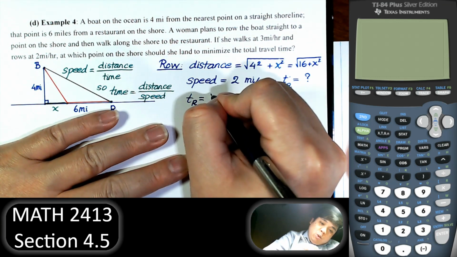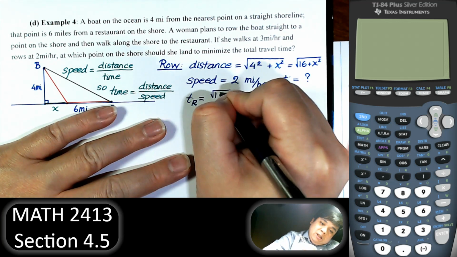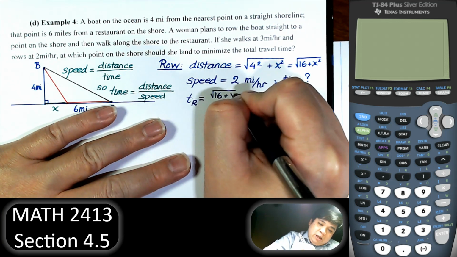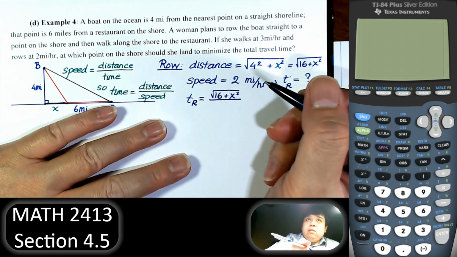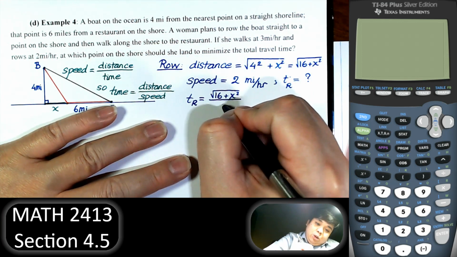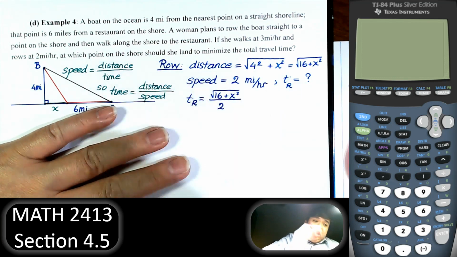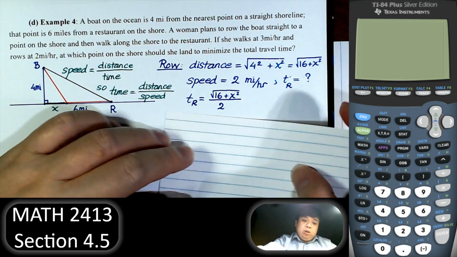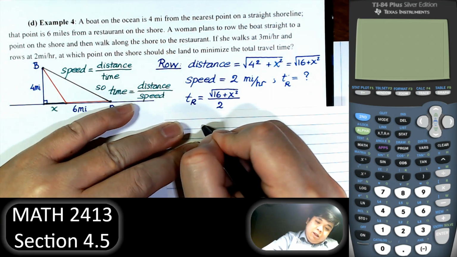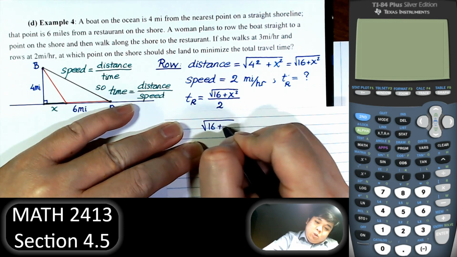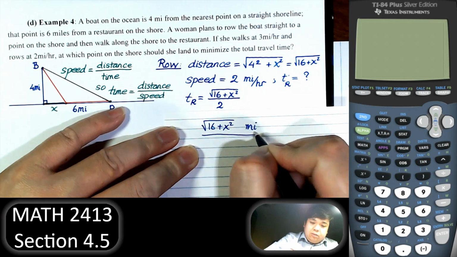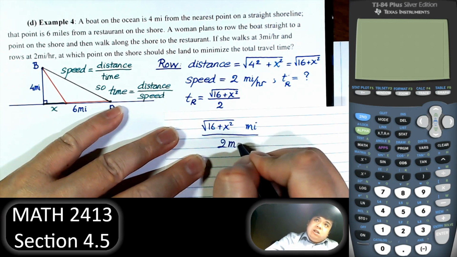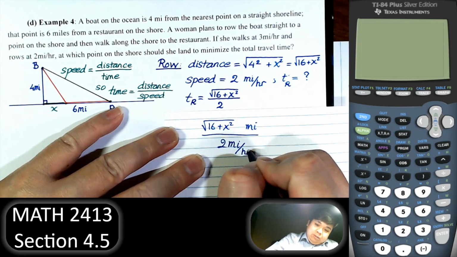Now of course, if we want to put in the proper unit, it's distance over speed. The distance is the square root of 16 plus x squared, over the speed, 2. Now if we put all the units into it, we have the square root of 16 plus x squared, the distance would be miles, over 2 miles per hour.